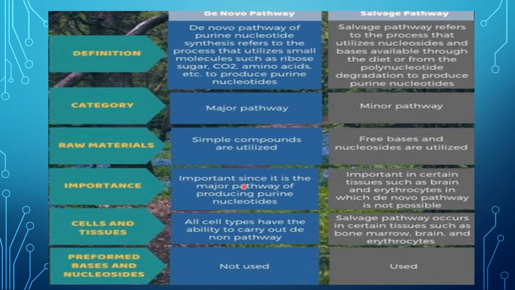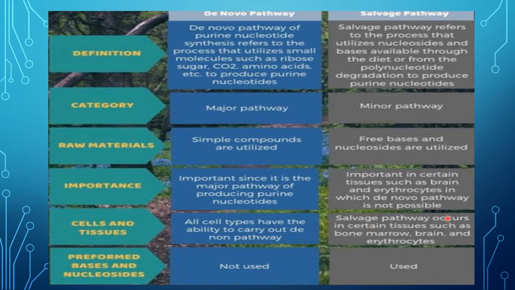Importantly, the de novo pathway is very important since it is the major pathway of producing purine nucleotides. Salvage pathway occurs in certain tissues like brain and erythrocytes. All cell types have the ability to carry out the de novo pathway.